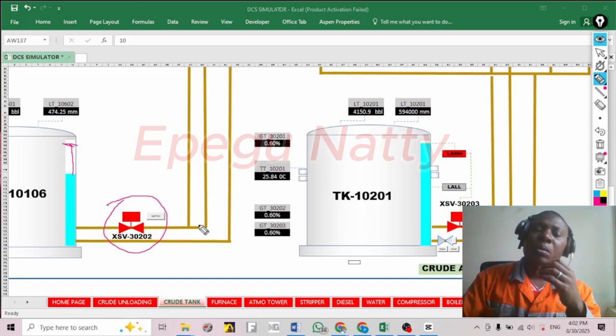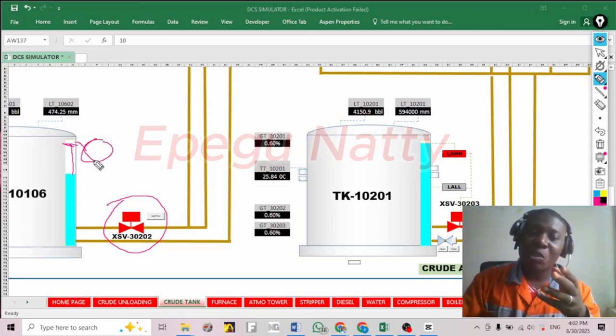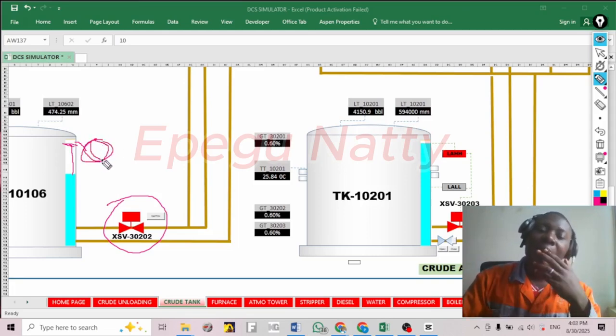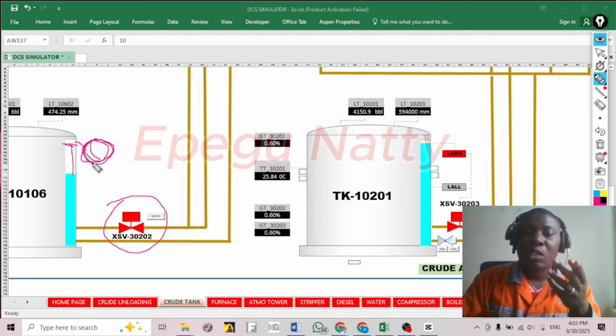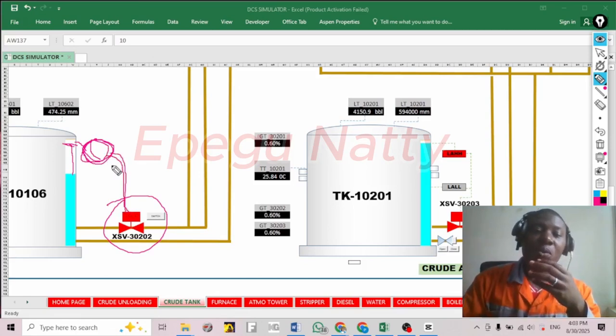Now after that day, an instrumentation engineer was called to come and bypass the trip, to remove the trip, so that there is no trip that is supposed to trip the ESD whenever there is a high level situation.